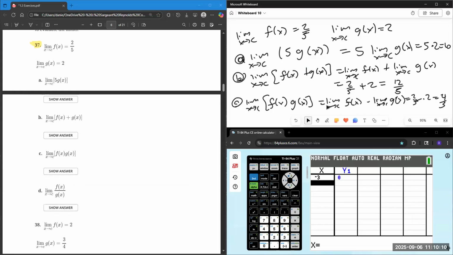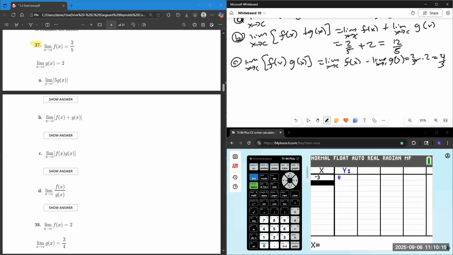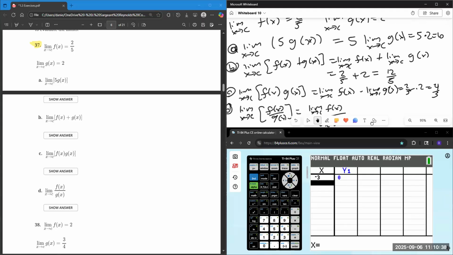And D, limit as x approaches c of f of x divided by g of x is limit as x approaches c of f of x divided by limit as x approaches c of g of x, and so limit as x approaches c of g of x is not 0.